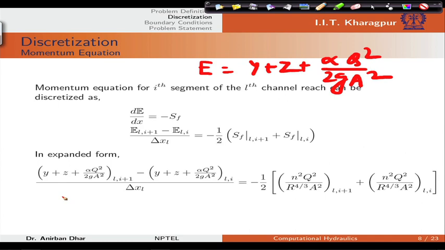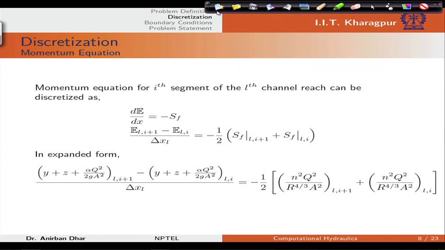The unknown variable in this case is y, because for a single channel or channels in series we have constant discharge condition, and discharge is also not varying with time. So, we will have a constant value of discharge for all channels, and those values are equal.